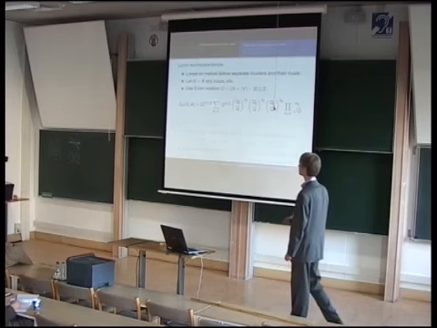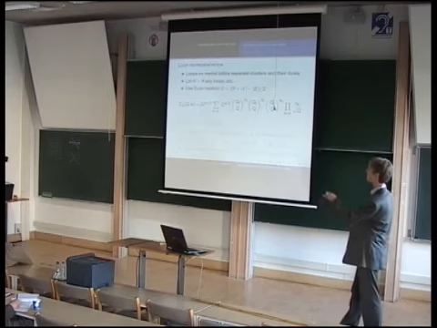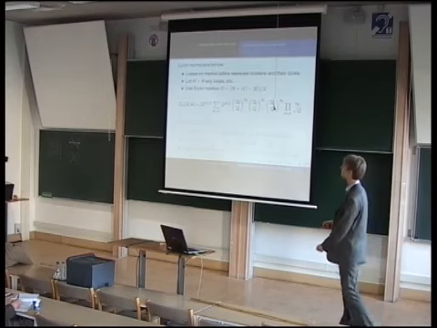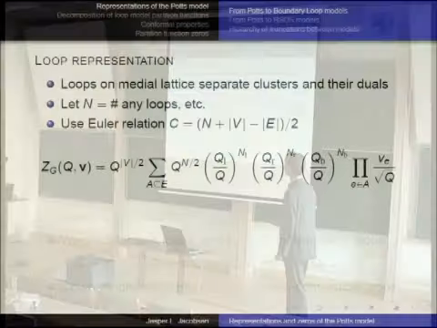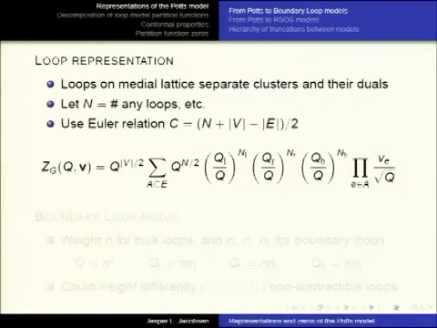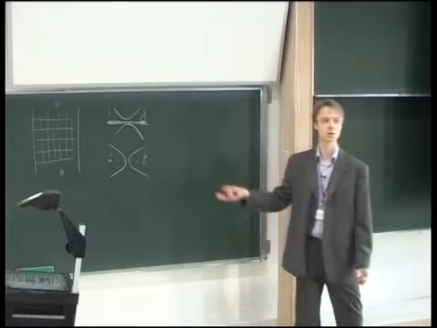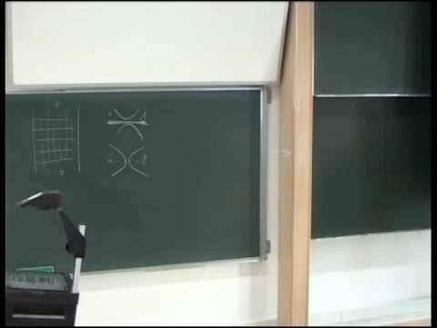on the medial lattice. So the vertices of the medial lattice are the midpoints of the edges of the original lattice. And those transition systems, you can see they separate clusters from dual clusters. So they are kind of boundaries of the clusters.